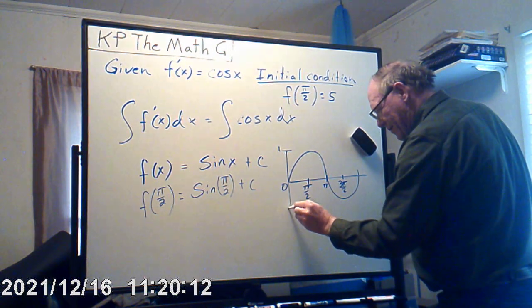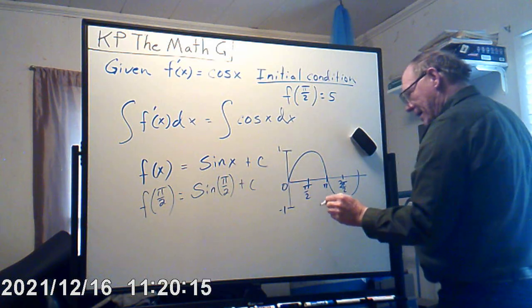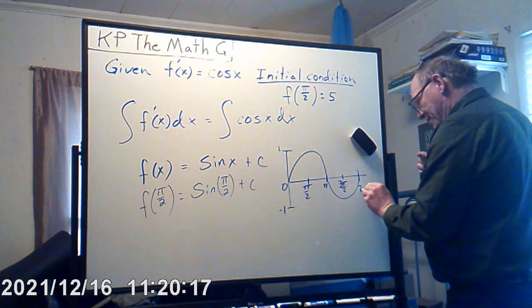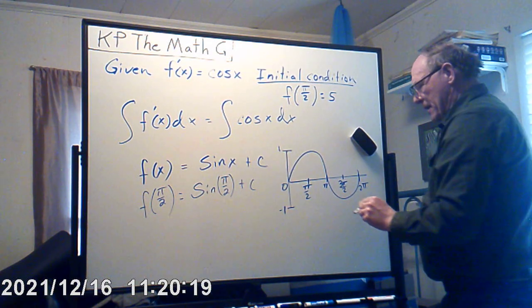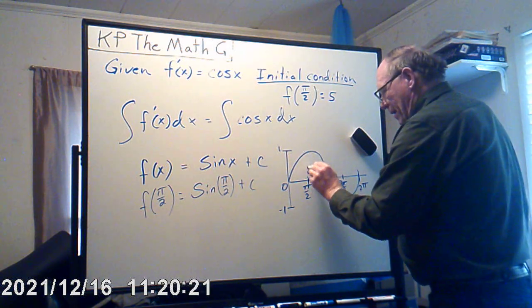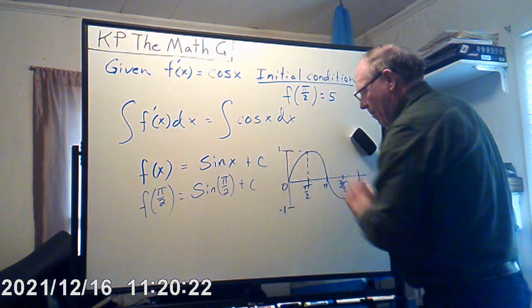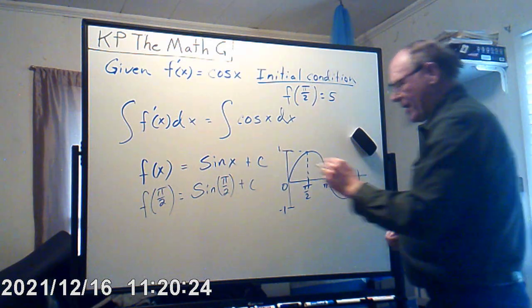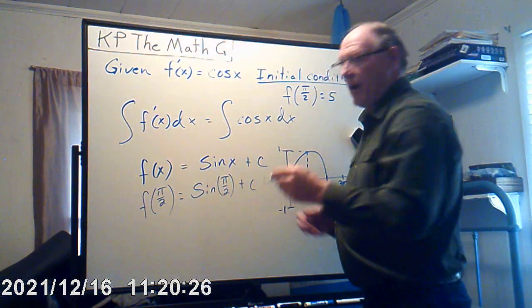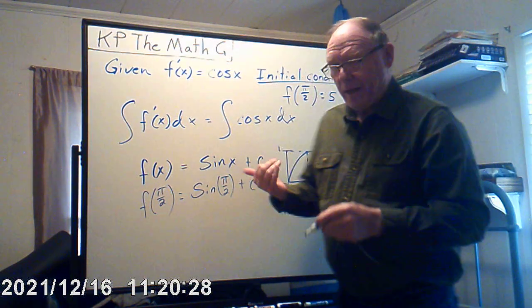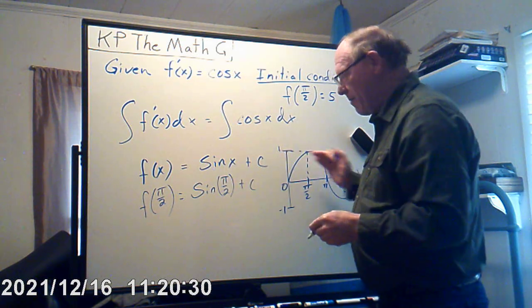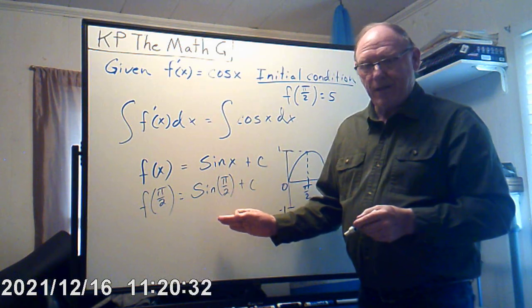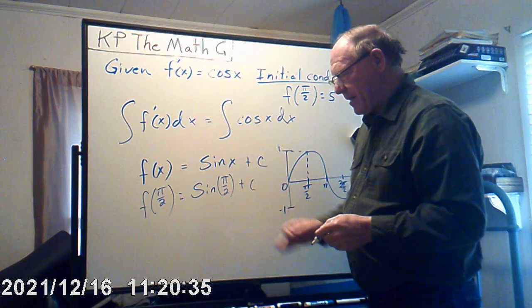Then this is 2 pi, which is back to 0. So right here at pi over 2, we're at 1. So sine of pi over 2 is 1. Again, it helps to memorize this, if you can.